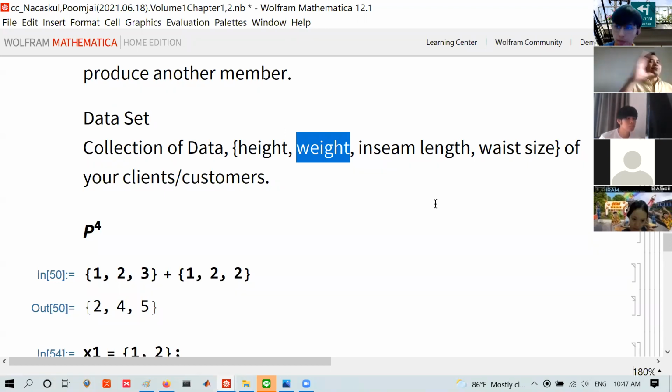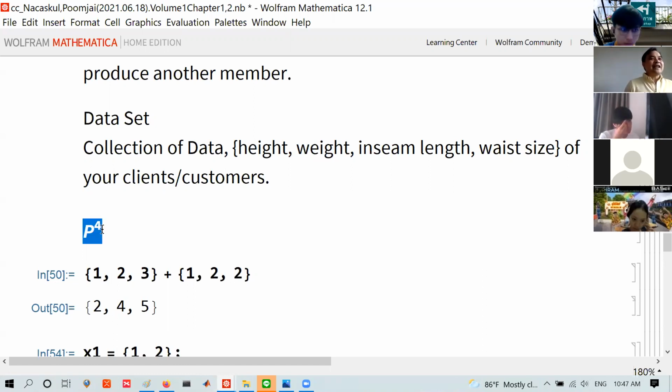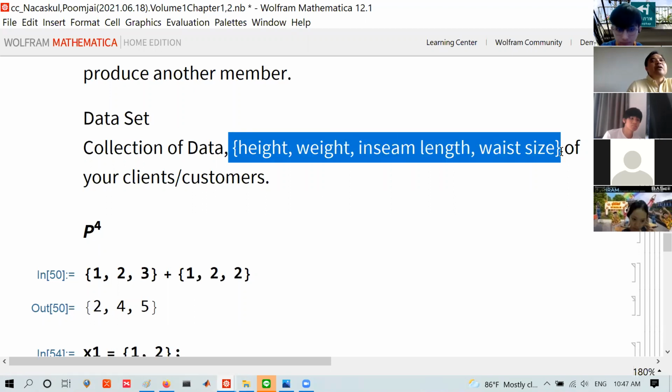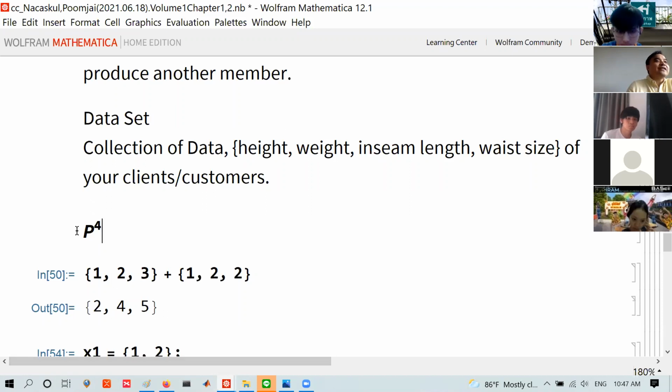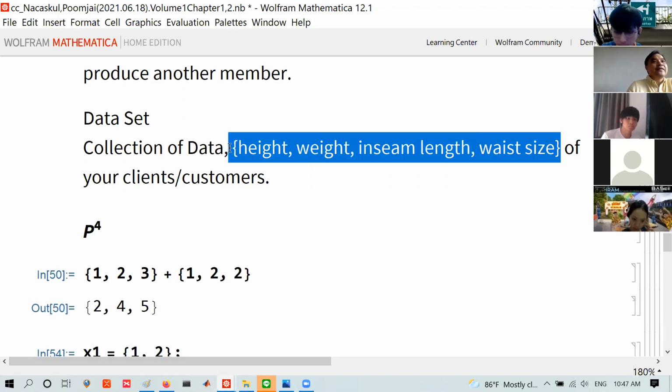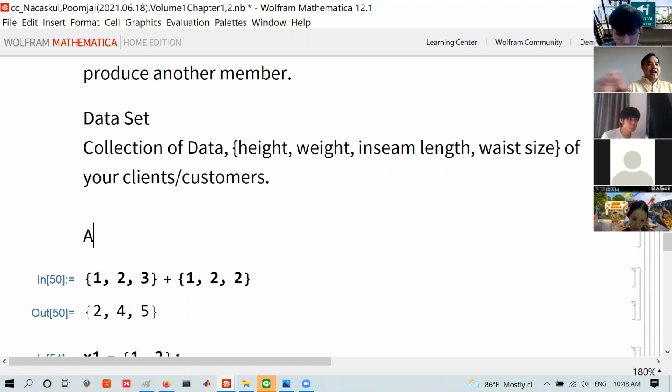But obviously, with materials, you don't need twice as much material for 2 persons. But you get what I mean, that this is some kind of general dimension. Now you can certainly say this person, let's say Alice, has a height of 1.6 meters, a weight of 50 kilograms, an inseam of 30 inches, and a waist size of 28.